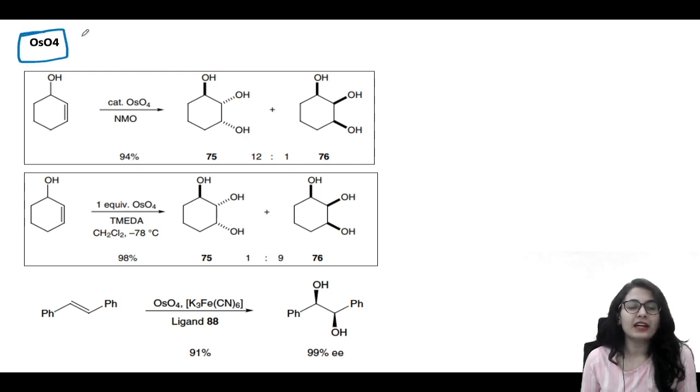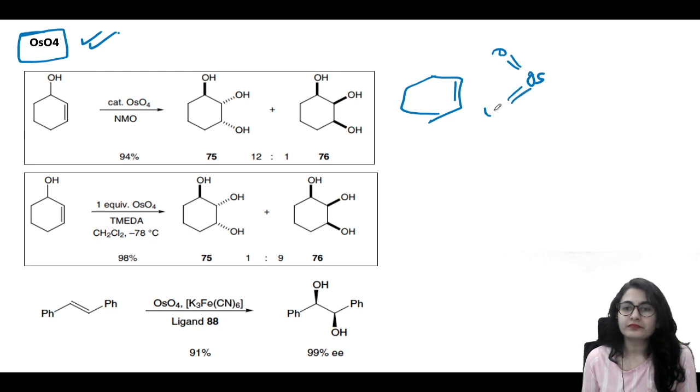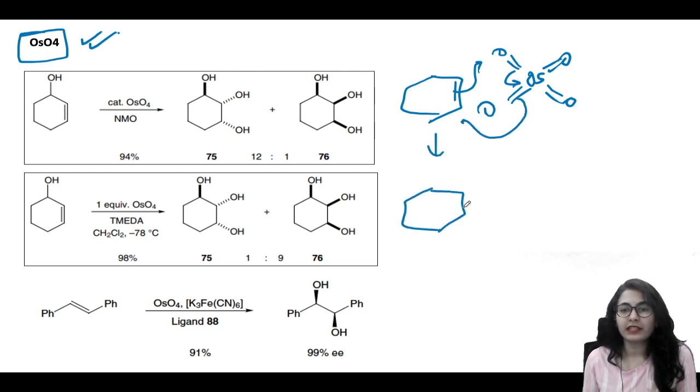Next important reagent for dihydroxylation is osmium tetraoxide. It is again very popular for doing the dihydroxylation of the alkene. What happens is the osmium tetraoxide is going to add to the double bond of the alkene in this way, and it's going to give you an intermediate like this.